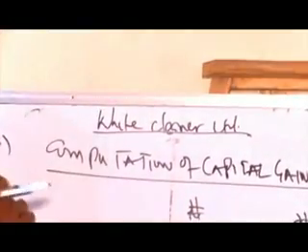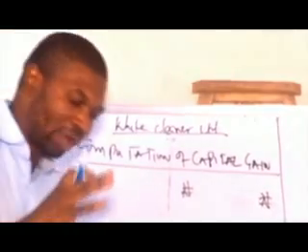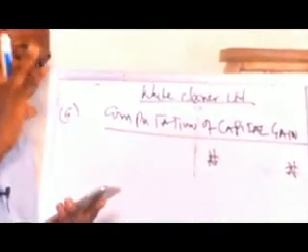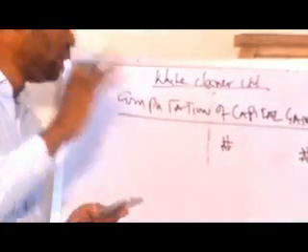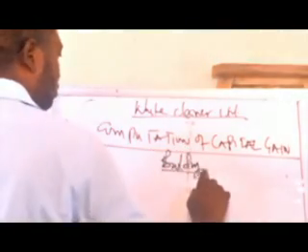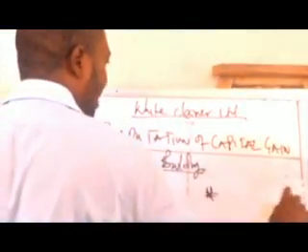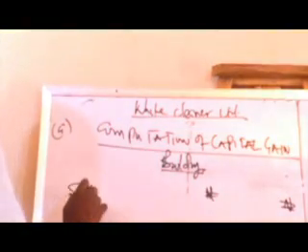Since we have three assets, building, equipment and generating sales, our advice is for you to take them one after the other. Building: the first thing, remember, is sales proceed.